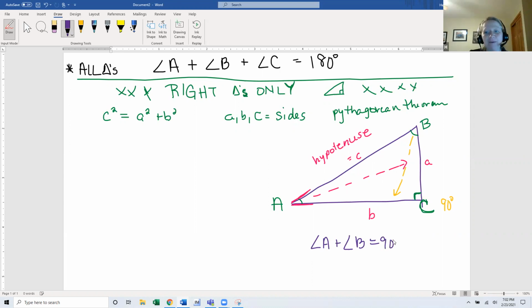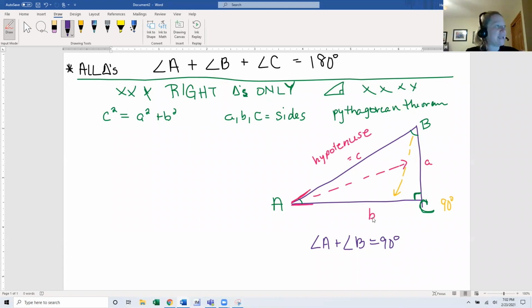So they have to be a lot smaller than the 90. They're forced to be smaller, right? 90 is the largest angle and it's always going to be the largest angle. That means that the hypotenuse is always the longest side. Then, whichever is bigger, A or B, is across from the next largest side.